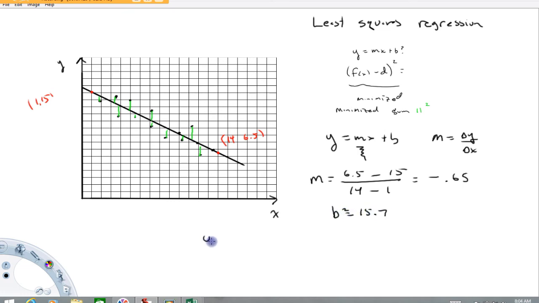All right, so the line here that describes this data looks like it's right around negative 0.65x plus 15.7. Now, when you do this by hand like I've done, I'm not going to go through and calculate an R value, and how R values are actually calculated is a little bit beyond the scope of this video.